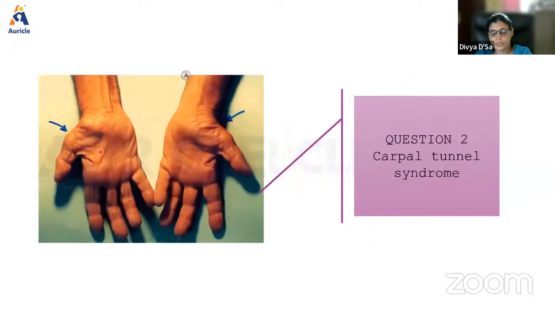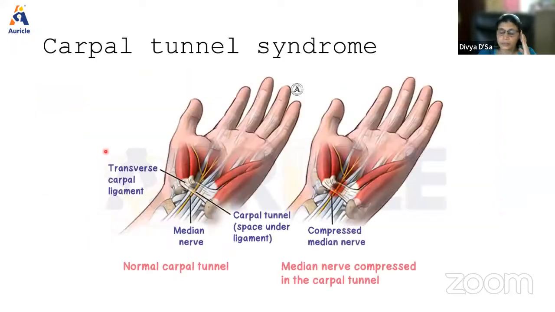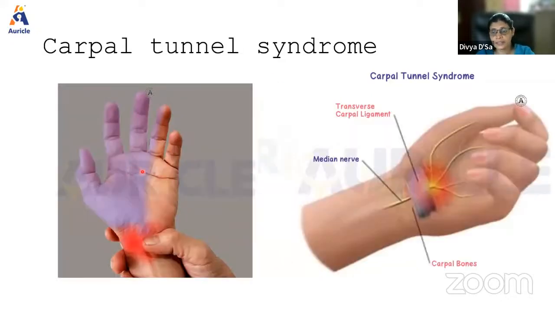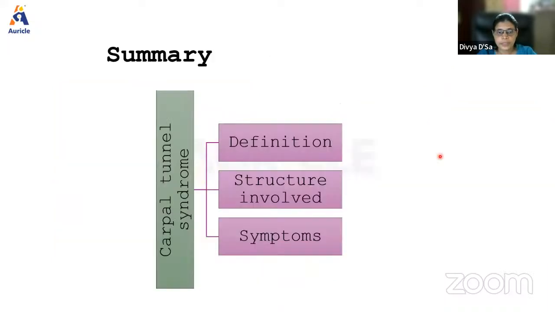There is wasting of the muscles because the nerve supplying the thenar muscles is the median nerve. So that is carpal tunnel syndrome. You have to talk about the clinical, or anatomical, basis for why there is wasting in carpal tunnel syndrome.